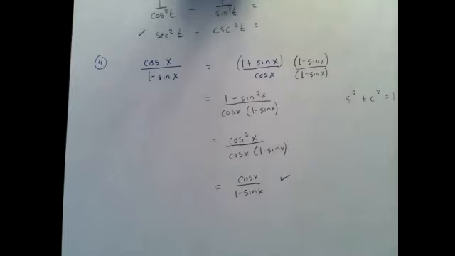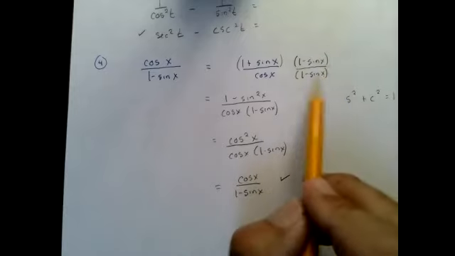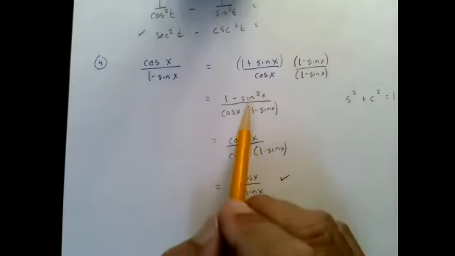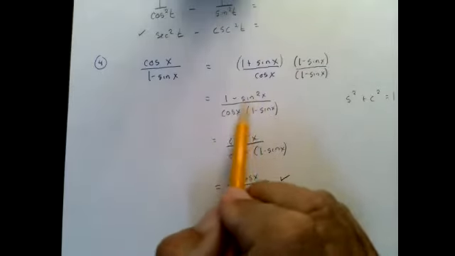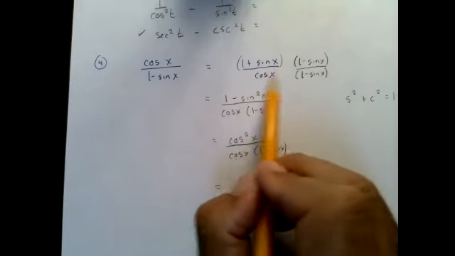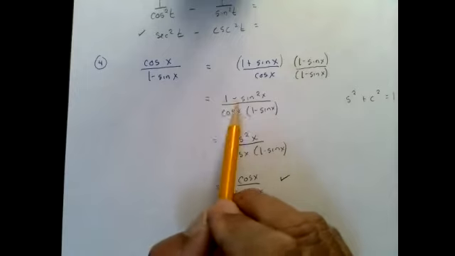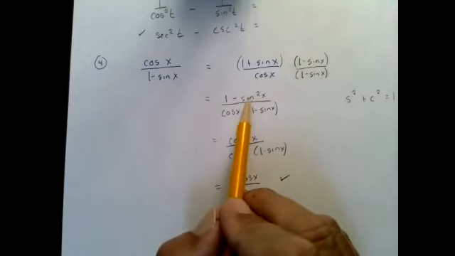Okay, how do we know we have to multiply it by 1 minus sine x? Practice. The more you do, the more you learn these. And again, this is something you need to keep in mind: the product of a sum and a difference gives me the difference of perfect squares, as it's called.